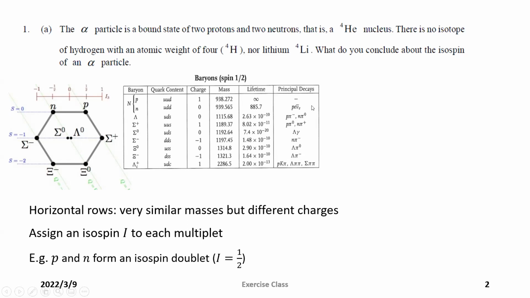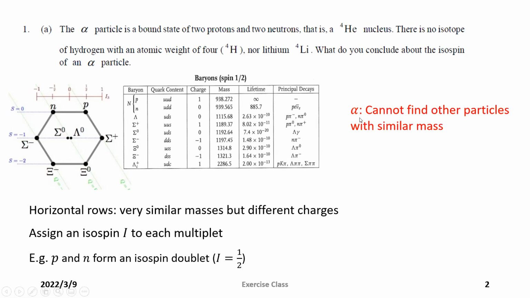But here for the alpha particle, we cannot find other particles with similar masses. The alpha particle is 2 protons and 2 neutrons. The possible candidates to form an isospin multiplet are a helium-4 nucleus, a hydrogen-4 nucleus, or a lithium-4 nucleus, but they all do not exist.